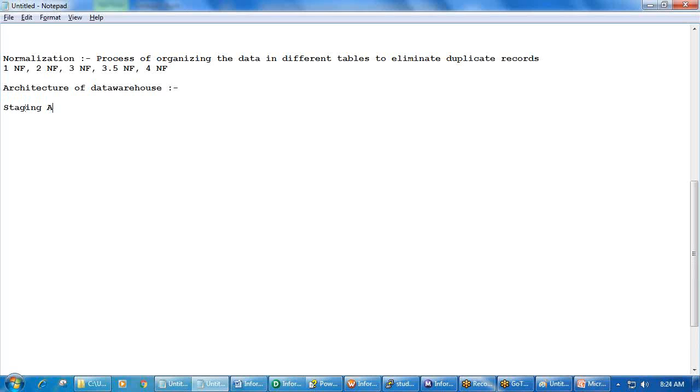One is called a staging area or a staging database, and another is called an ODS or operational data store.